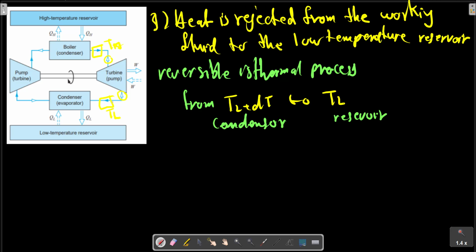During this isothermal process, some of the steam is condensed in the condenser.